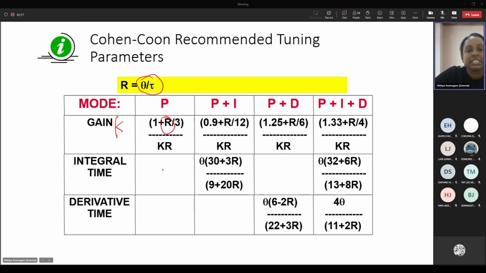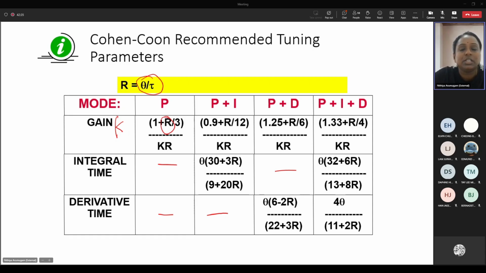When it comes to integral, the proportional controller doesn't have an integral term, and the PI doesn't have a derivative term. So these are only expressed for PD and PID. This is for Cohen-Coon.